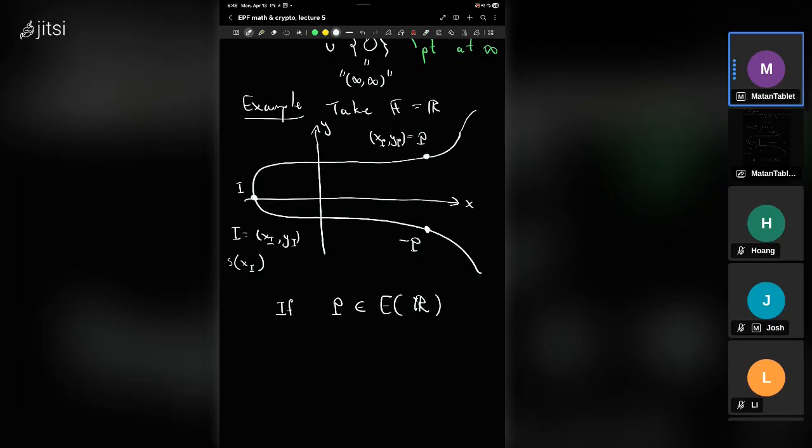I define minus P to be the reflection of P along the x-axis. So this is (XP, minus YP). But you see that what I did here, I can do over any field. I can simply put a minus on the y coordinate of a point over any field.